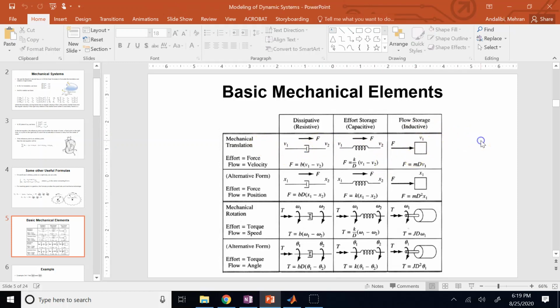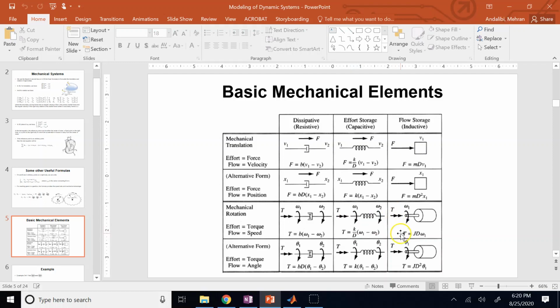So we know the spring, the damper, and the mass. We know the equations for those in translation. And then in rotary systems we also have a similar thing. In rotary systems we have a rotary damper, and the torque of a rotary damper is a constant times the difference in the omega, the angular velocity of the two ends. For a torsional spring, the torque is the constant of the spring times theta 1 minus theta 2.